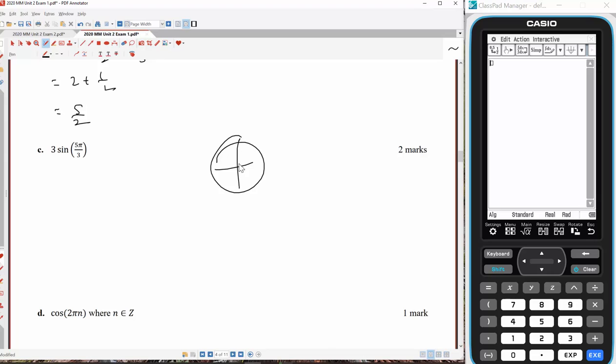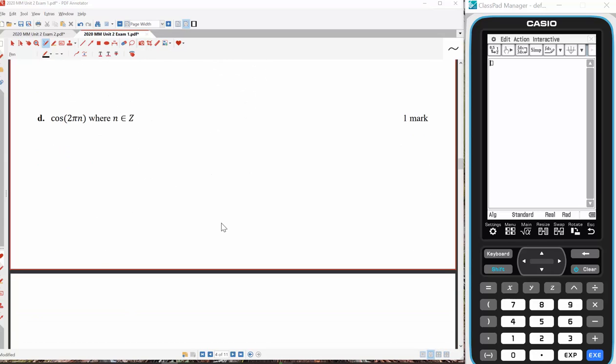So the sine of 5 pi on 3, so that is going to be the same as sine of... no, we're in the wrong spot. That is down here. Okay, so that is going to be negative root 3 on 2 times 3, which is negative 3 root 3 on 2.